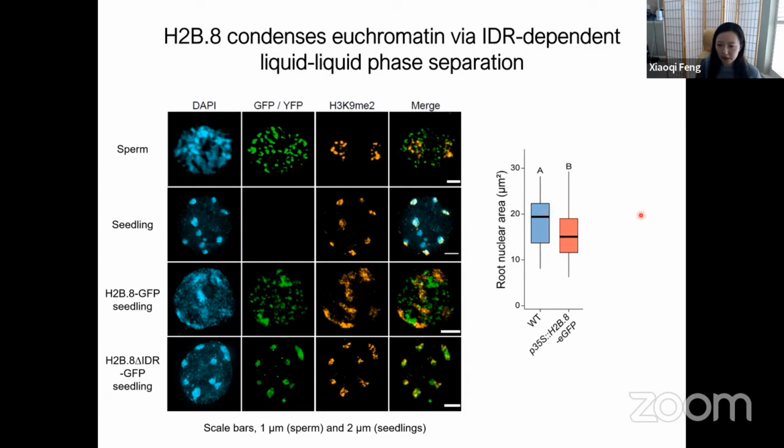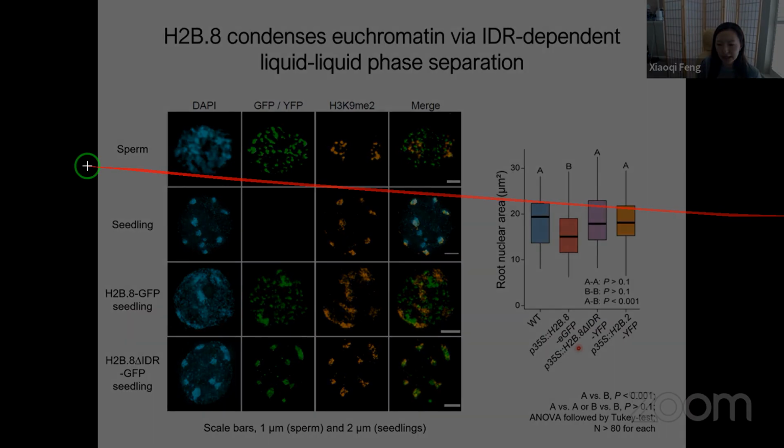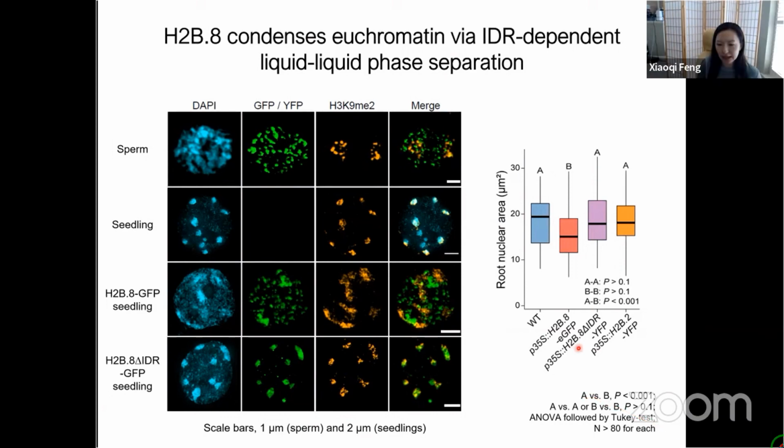And if you look here, unlike the full-length H2B.8, which can effectively reduce the somatic nuclear size, the expression of H2B.8 without the IDR or a canonical H2B.2 cannot do so. So these suggest that the chromatin condensation and nuclear compaction are dependent on the phase separation ability of H2B.8.